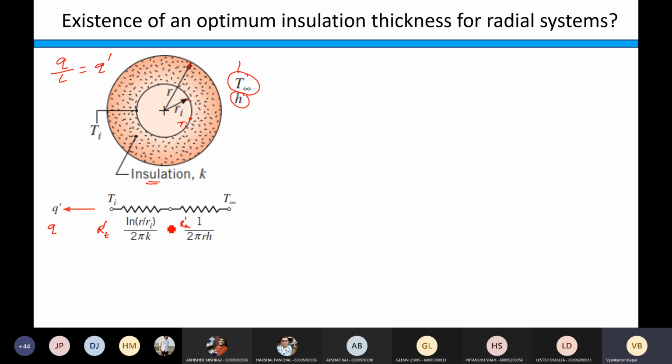It is written as ln R2 by R1 divided by 2 pi k L. I am writing R dash because I am taking this L to the left hand side. Or if you are getting confused, simply write L here, and then this will be R total only.